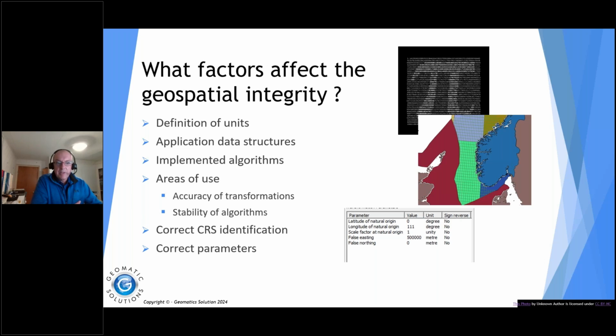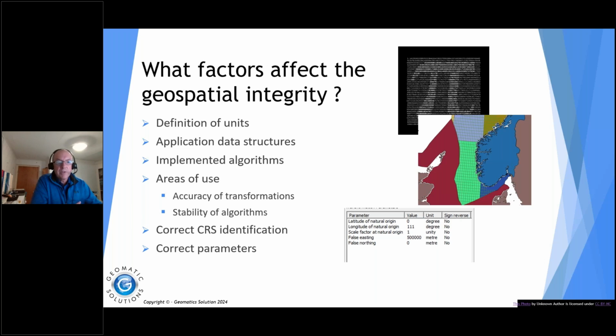The next one is the implemented algorithms. So how does your application actually do the calculations? That's very important to look at. Do they follow the mathematical algorithm that was described by a specific document, for instance?